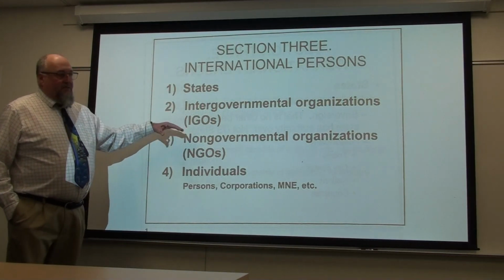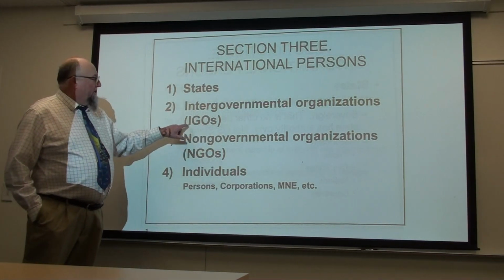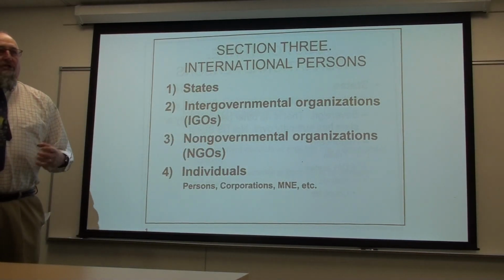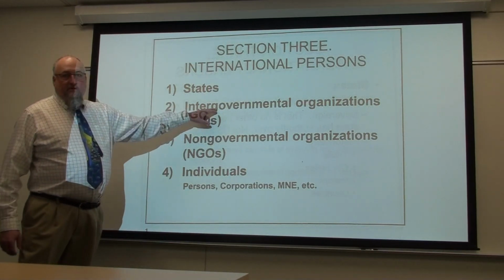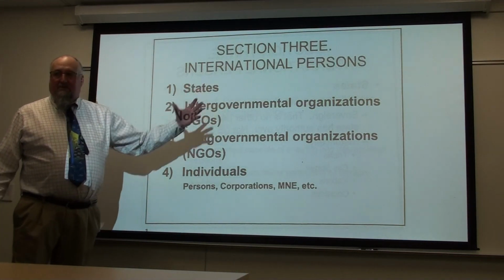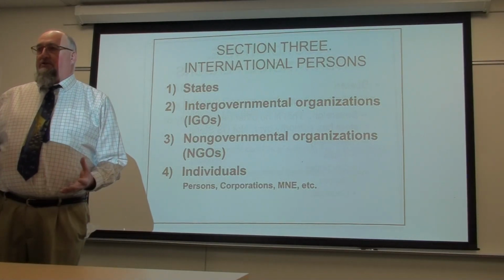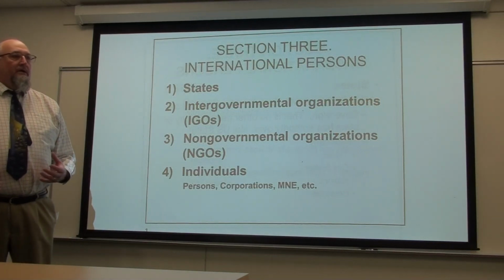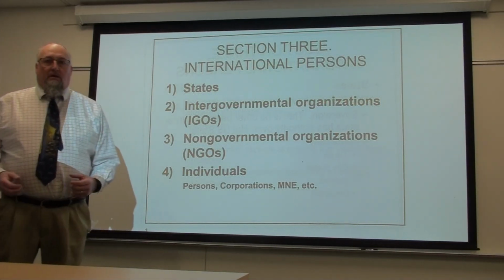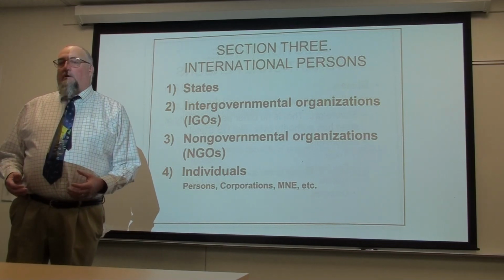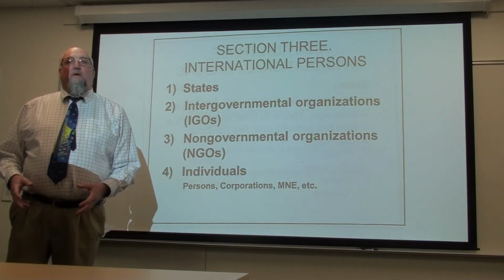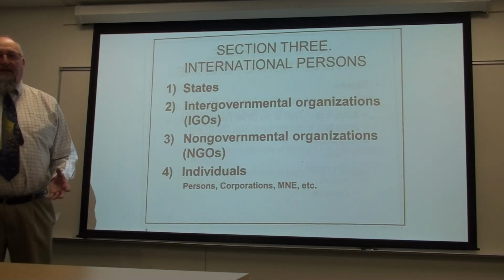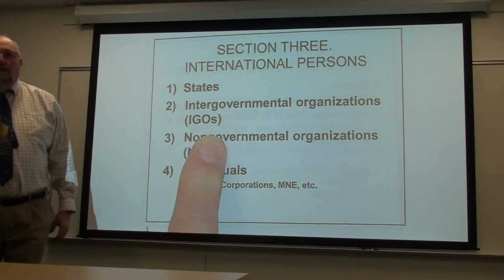Number two on our list are what we call IGOs. And I want you to know that acronym abbreviation. An IGO is an intergovernmental organization. So a classic example would be the United Nations or the World Trade Organization. So IGOs are international organizations that have been established by states and typically will have states as the members of the IGO.